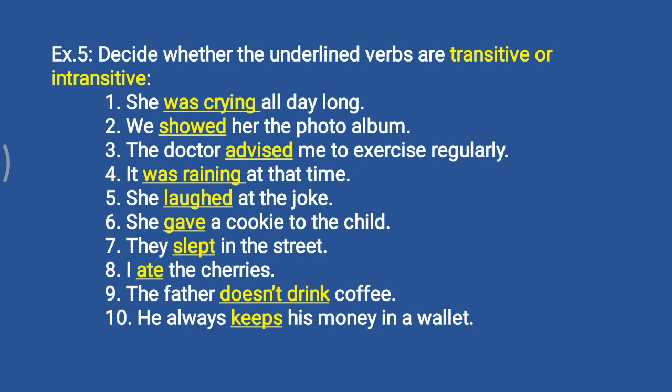They slept in the street. Slept is intransitive verb. I ate the cherries. It is transitive verb. The father does not drink coffee. It is transitive verb. He always keeps his money in a wallet. And here keeps is the transitive verb.